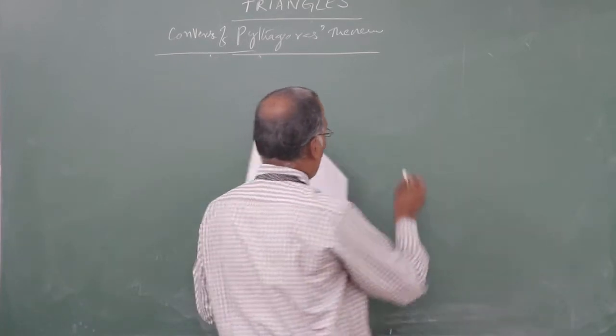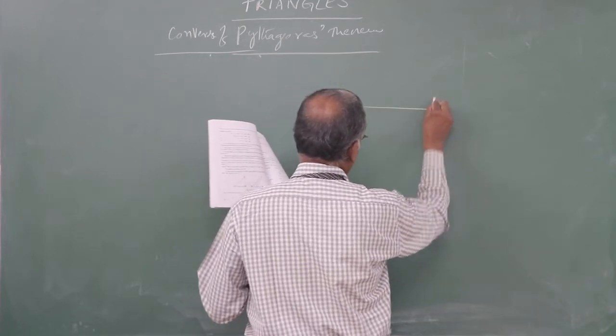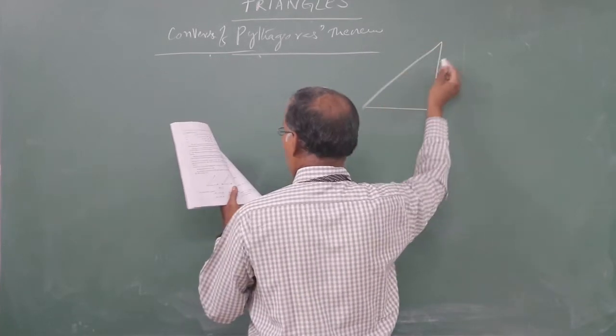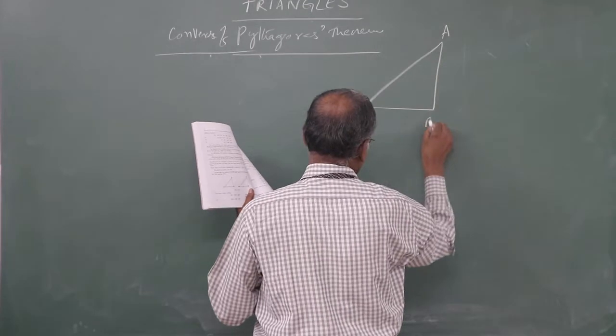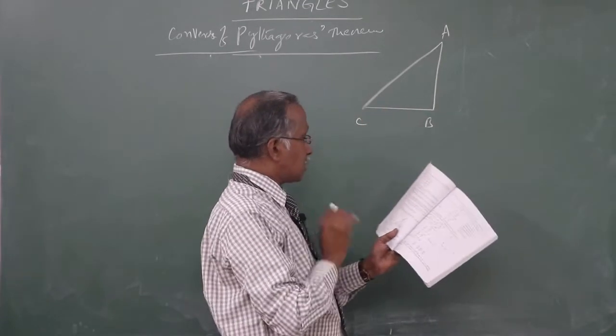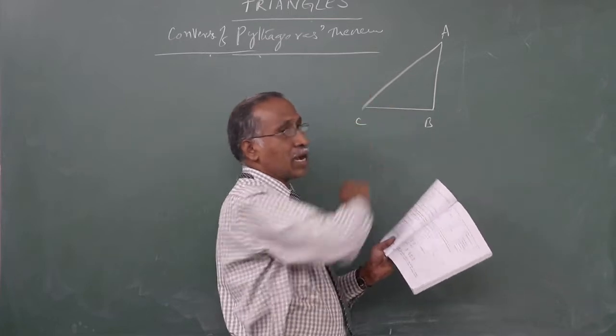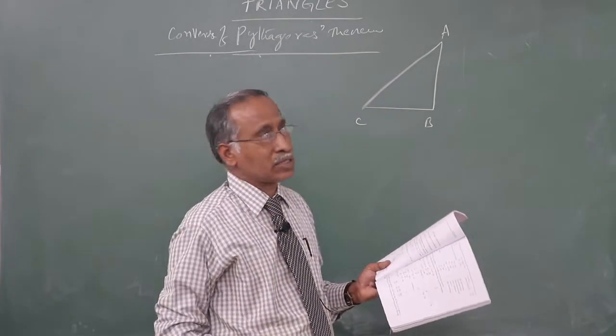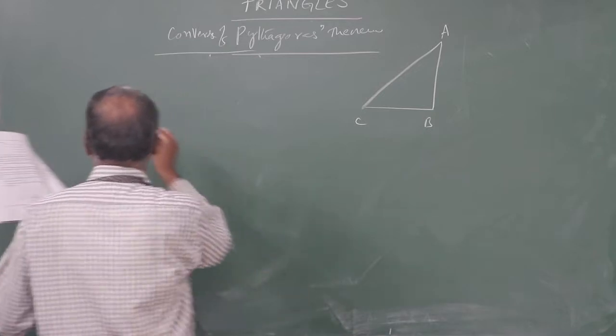Let us take one triangle here. ABC is a triangle. Now, what have they given? Here, the square on one side is equal to the sum of the squares on the other two sides.